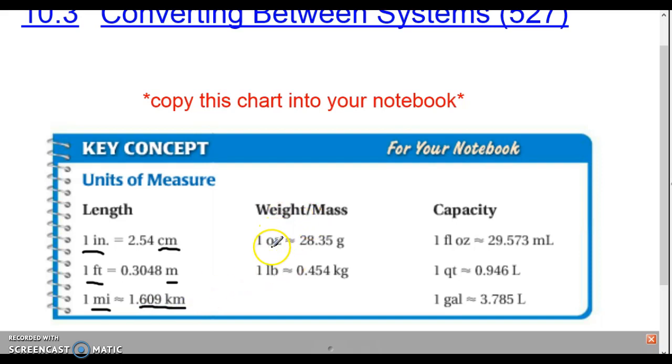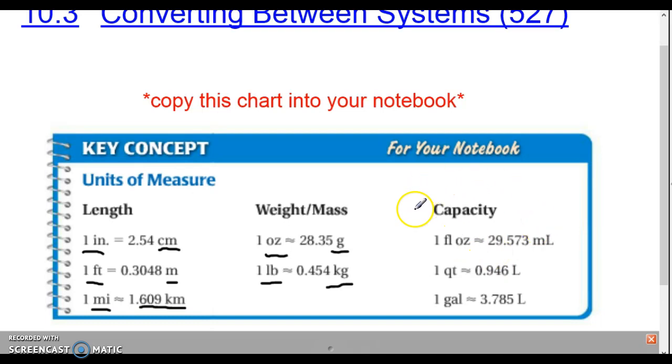Going to the weight and mass, 1 ounce equals 28.35 grams. Remember, going back to King Henry, that our grams is our base unit of the metric system. So ounces would be the customary system. Then pound is what we use in the United States, and kilograms is what's part of the metric system.